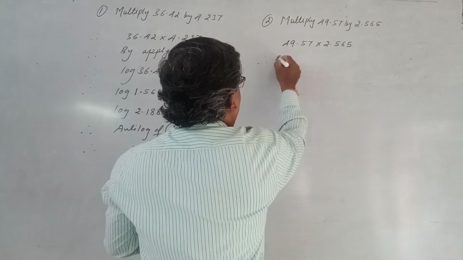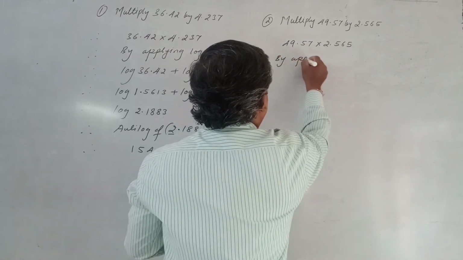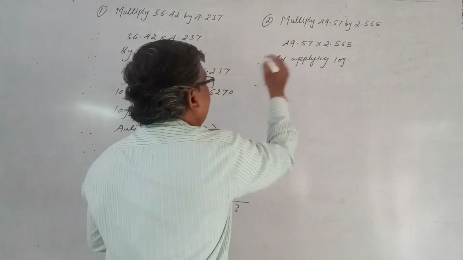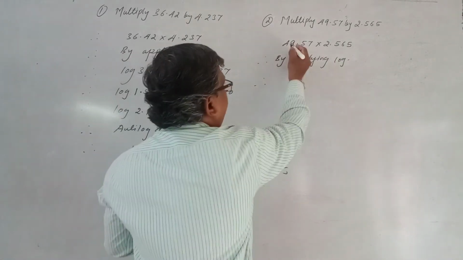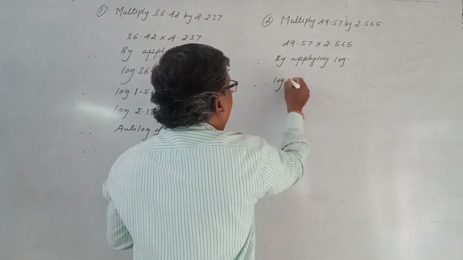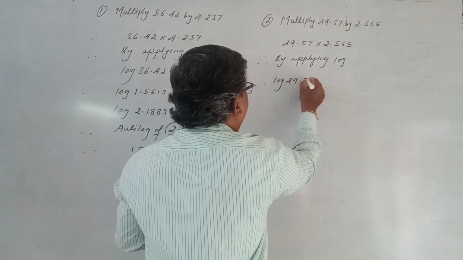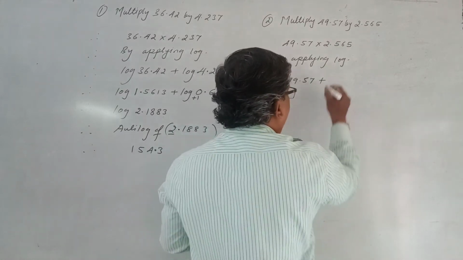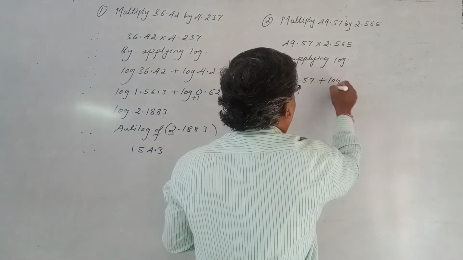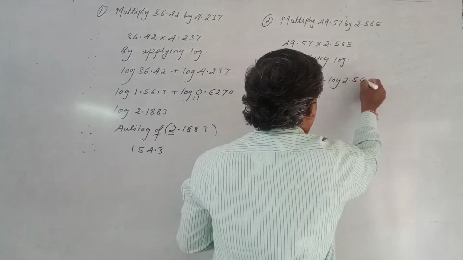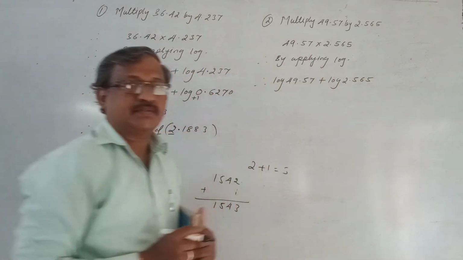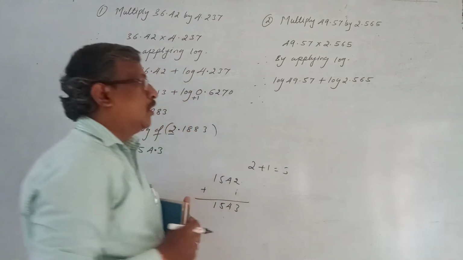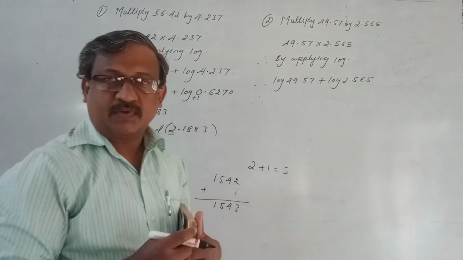So you say by applying log, you have to find out the log of 49.57. As there is a multiplication, logs always we have to add. In that one we have to add the log of 2.565, like this. Clear? Now use the log table and find out the logs one by one.